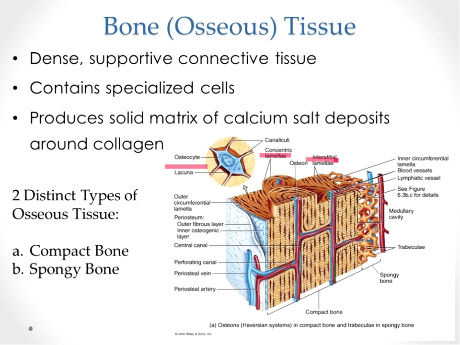Then we see the organization of compact bone, with lots of osteons, interstitial lamellae filling the gaps between the osteons, and circumferential lamellae running the complete circle around the entire long bone diaphysis.